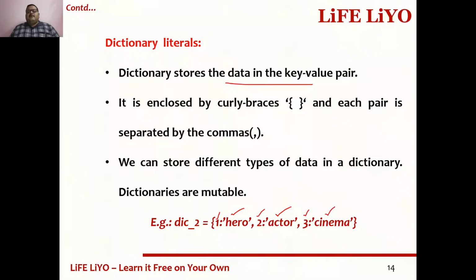That means whenever we search for 1, we get the answer hero. When we search for 2, we get actor. When we search for 3, we get cinema. So a dictionary stores data in the key-value pair concept, where each key-value pair is separated by a comma and enclosed within curly braces. These dictionaries are also mutable. That means once defined, we can change them.